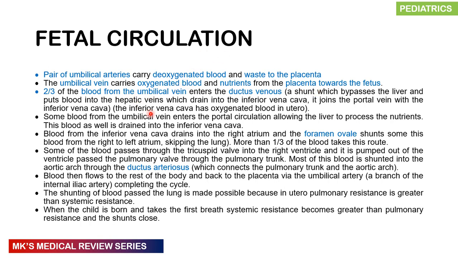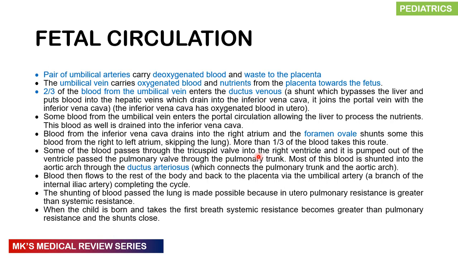From the inferior vena cava, the blood drains into the right atrium, and then passes through a shunt known as the foramen ovale, from the right atrium to the left atrium, bypassing the lungs. More than 1/3 of the blood takes this route.